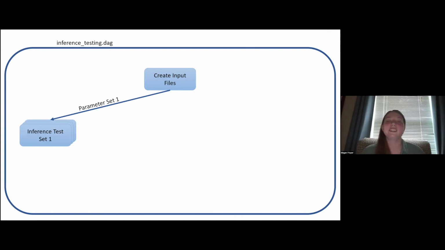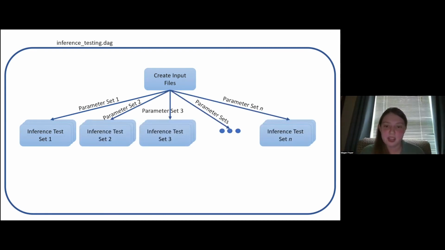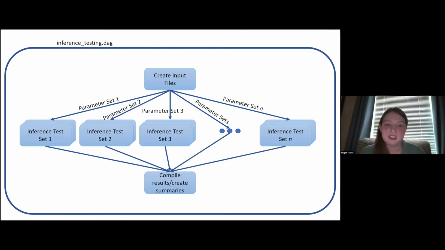It doesn't always give us the same thing every time. So that can give us an idea of confidence intervals and that sort of thing. I can run numerous parameter sets all independently with a certain number of duplications of each parameter set, and then compile all of that in a final node to just create a big table that I can compare.